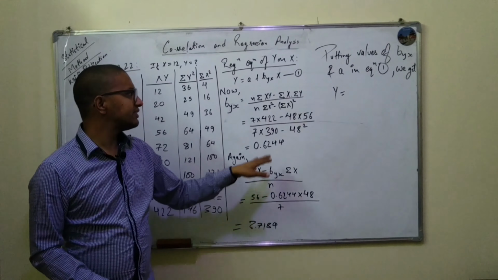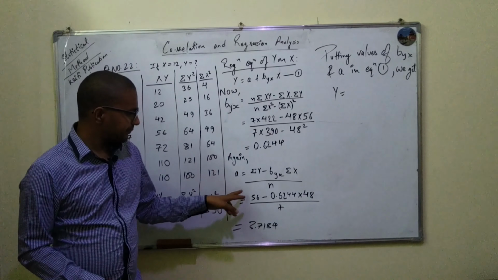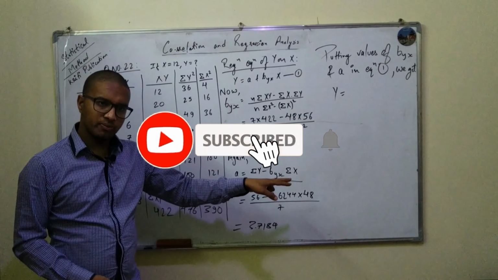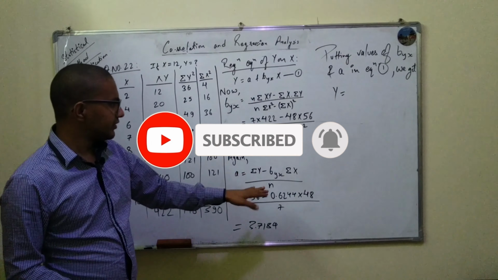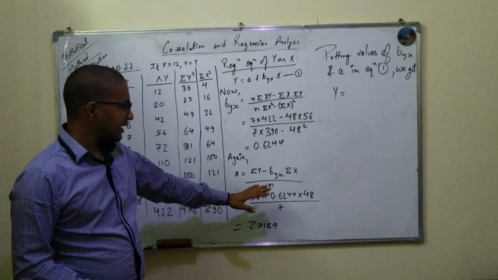I've just put in the values from here, and what I've obtained is 0.6244 for byx, that's our slope. A is the constant, or the intercept. I just put in the formula: summation y minus byx times summation x, divided by n.